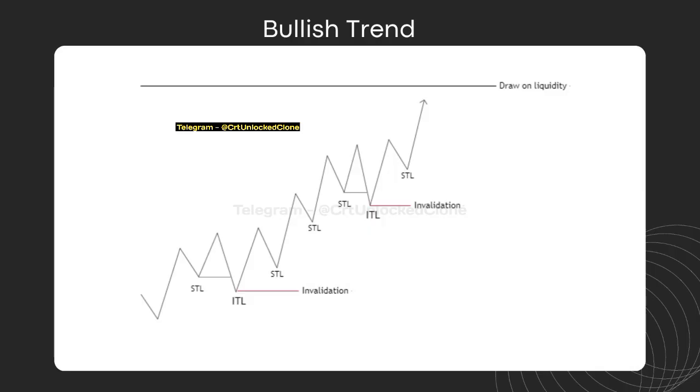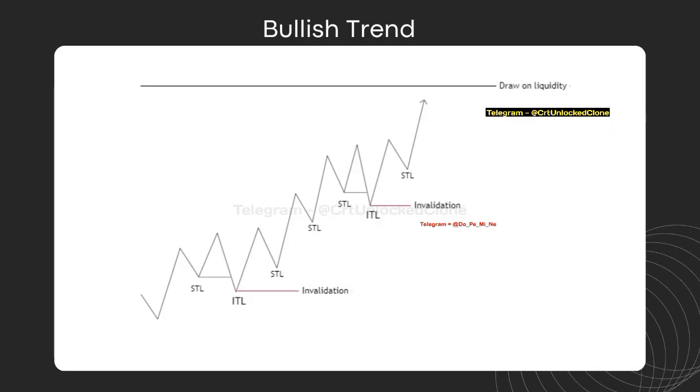A protected low or an intermediate term low, or a protected high or intermediate term high, are basically swing points which form after rejection below highs and lows, right? In either a bullish trend or bearish trend, right? And they've got two short-term highs and lows to its opposite side, right? And that is why we call these type of short-term highs and lows intermediate term lows or highs, right?